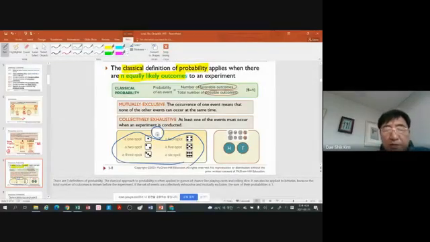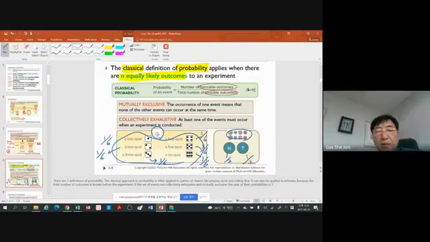Every face has equal likelihood. So 1 will appear with probability 1/6, 2 is another 1/6, 3 will appear with probability 1/6. Every number has the same likelihood. When you toss a coin like this, head will appear half and tail will appear half.